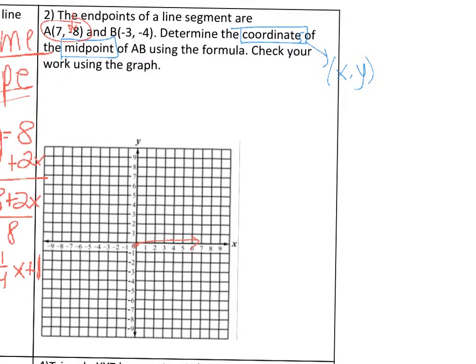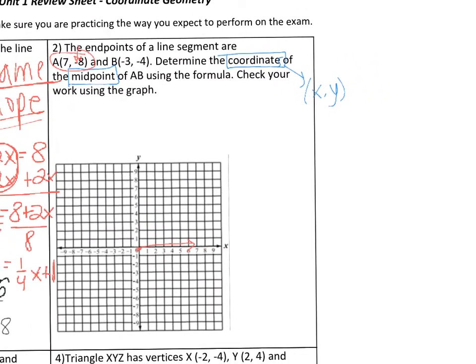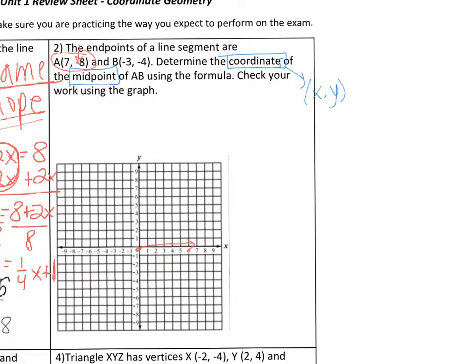I'm going to move my work around a little bit. This is kind of what my eye is doing: I go from 7 down to -8, and this is where we'll plot point A.